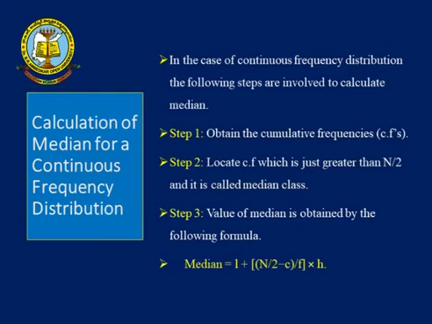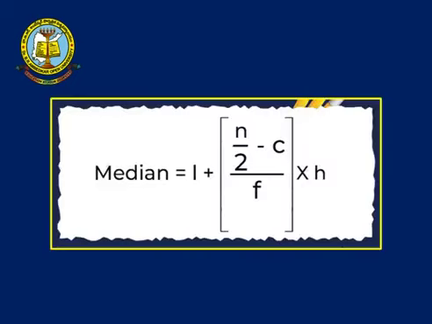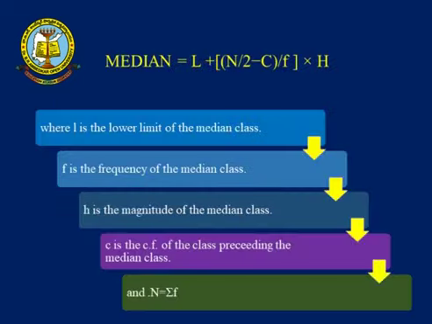Next, step 2, locate the cumulative frequency which is just greater than n by 2, and it is called the median class. Step 3, the value of the median is obtained by the following formula: Median is equal to L plus n by 2 minus C by f into h. This is the information about the formula.